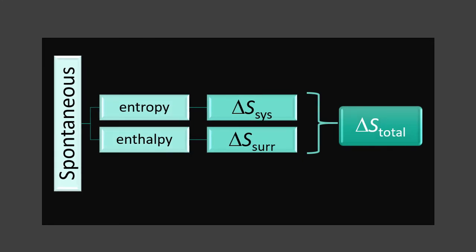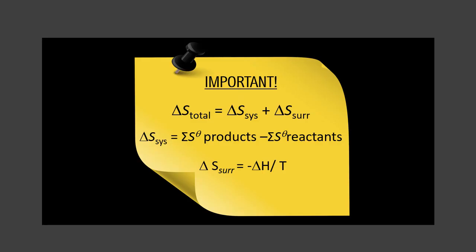When total entropy is positive, we can say that the reaction will be spontaneous. Remember, spontaneous means a process that takes place without continuous intervention by us, like the simple example of melting of ice at room temperature. And here we have the three formulas which you must remember in order to calculate the total entropy, and therefore work out if a reaction is spontaneous or not at that particular temperature.